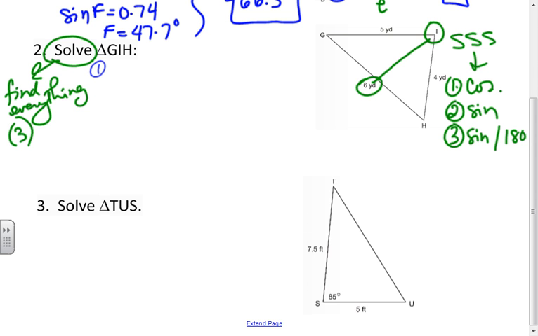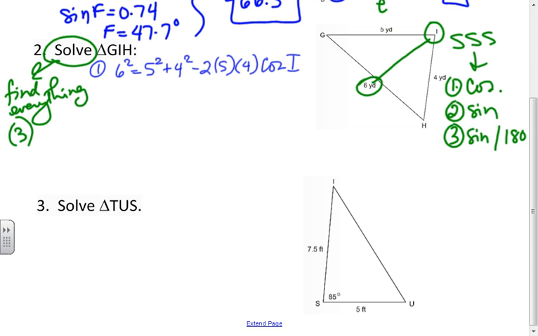Step 1. 6 squared is equal to 5 squared plus 4 squared minus 2 times 5 times 4 times the cosine of I. So I applied the law of cosines.